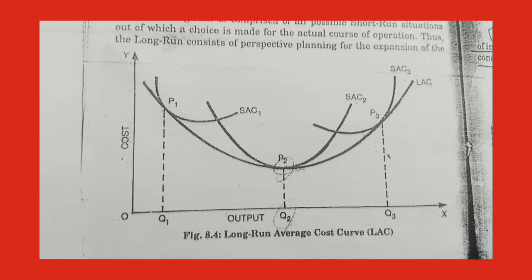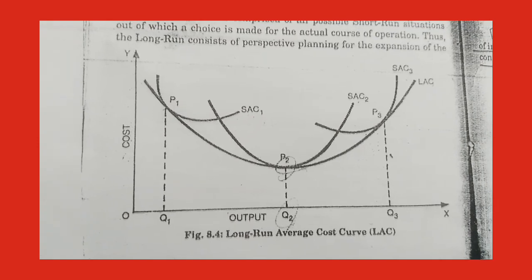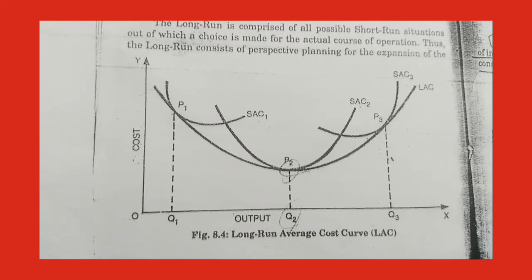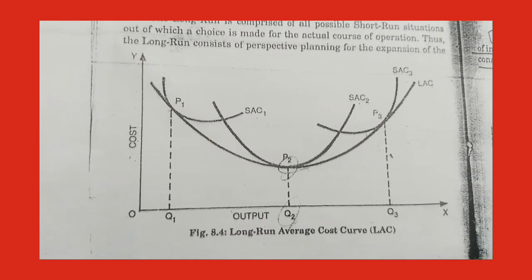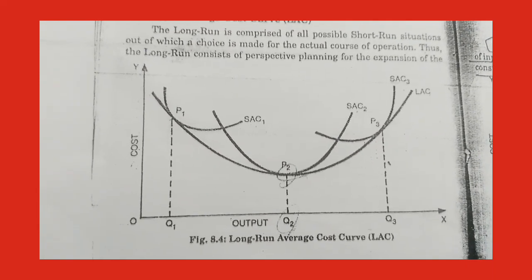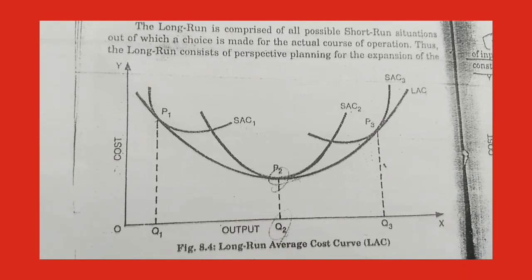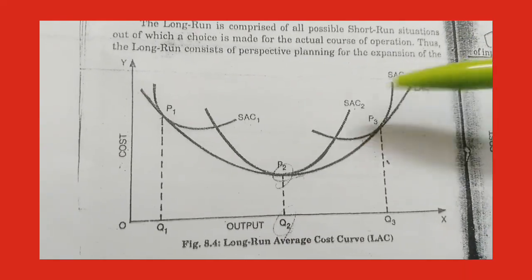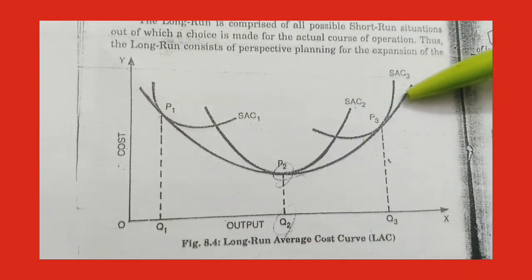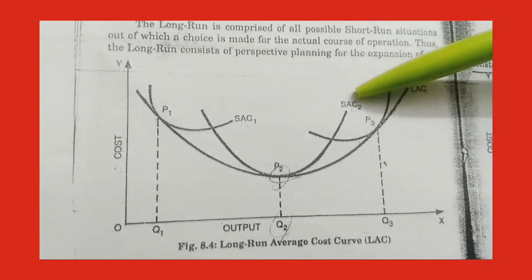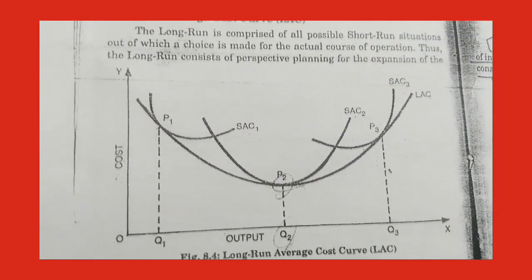In other words, it is derived from short run cost curves. This curve depicts the least possible average cost of production at different levels of output. The LAC is also called the envelope curve because it envelopes SAC1, SAC2 and SAC3.